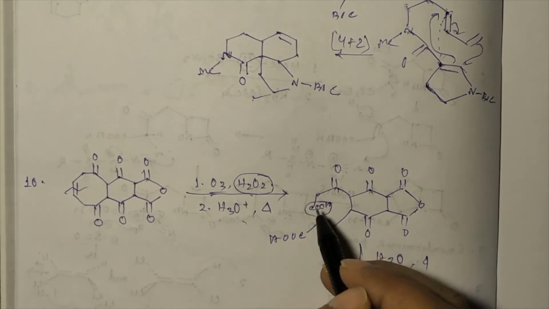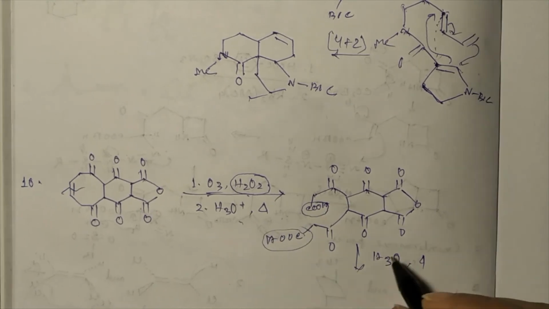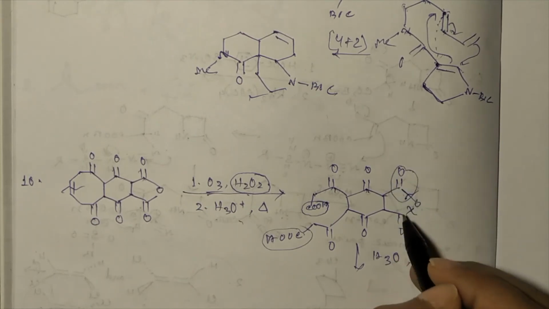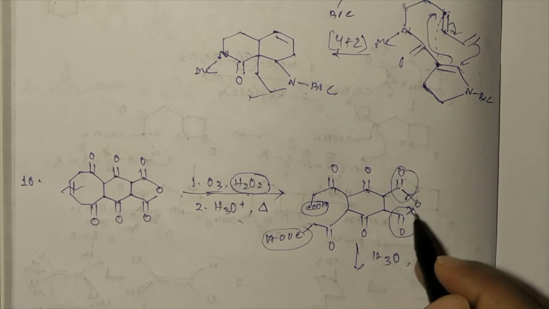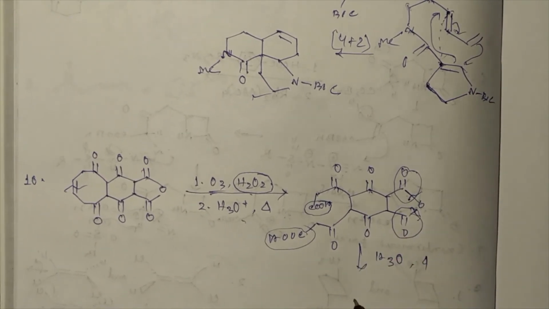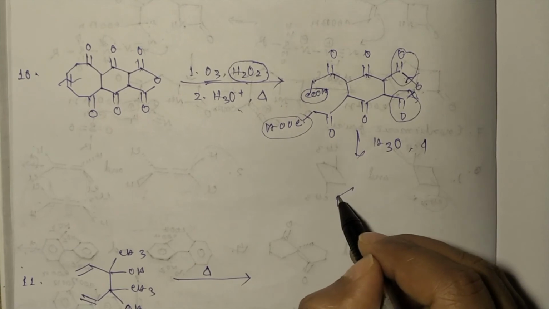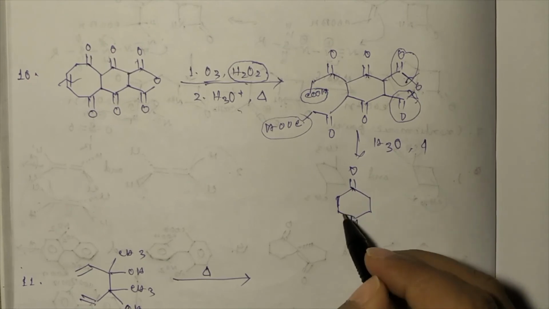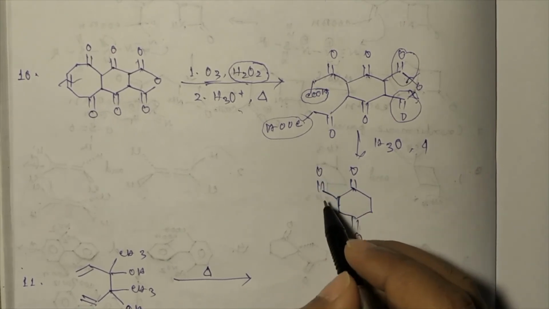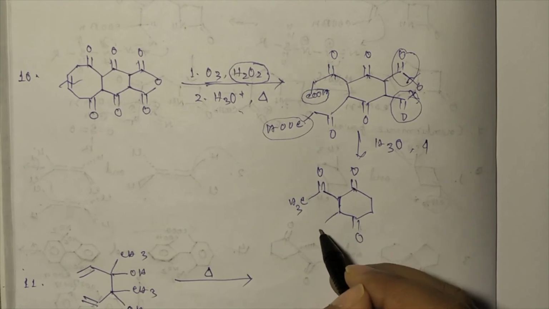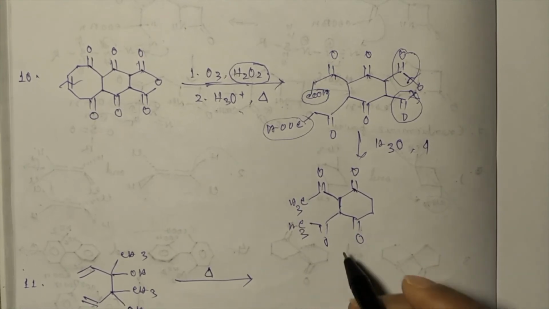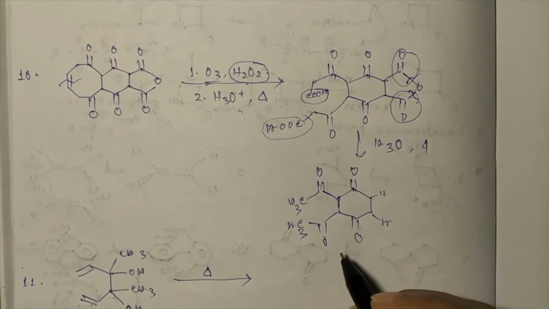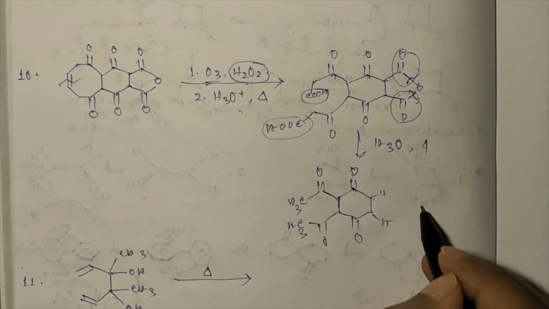So this CO2 will be removed, as well as after hydrolysis this will hydrolyze to COOH group and it will also be removed as CO2. So the remaining product will be CH3, and this will be hydrogen. So the number of carbonyl groups will be 4.